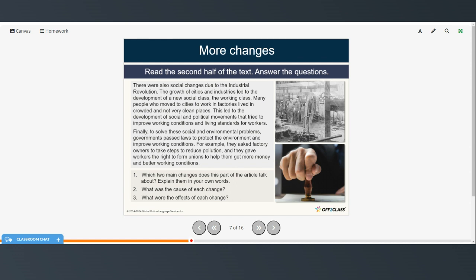So, which two main changes does this part of the article talk about? Well, the social changes, the development of a new social class, and governmental laws to protect the environment and improve working conditions.